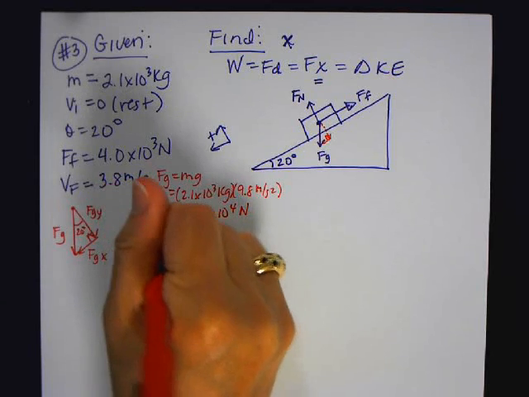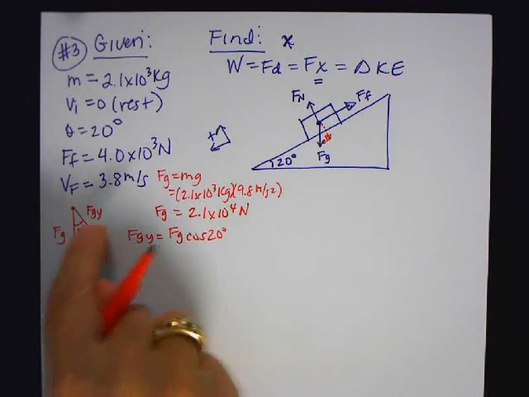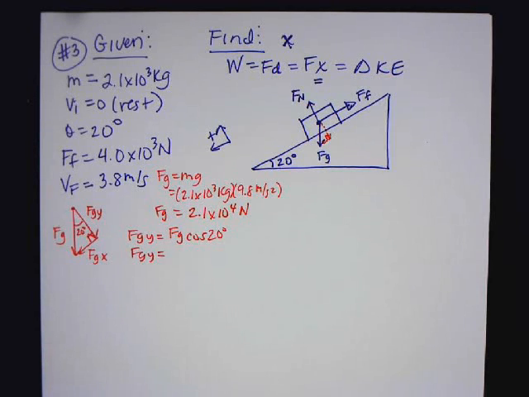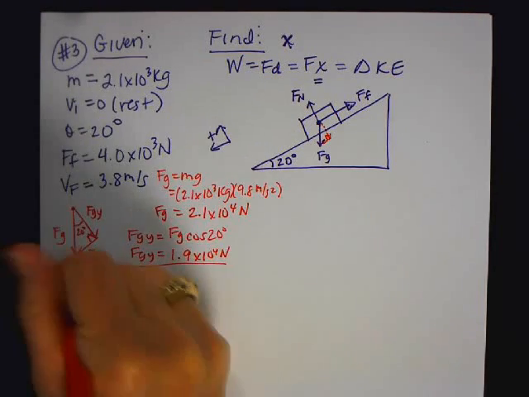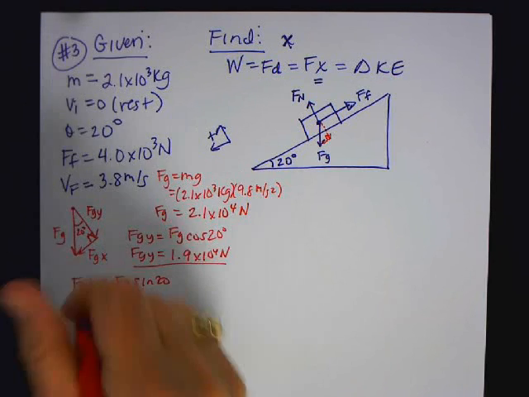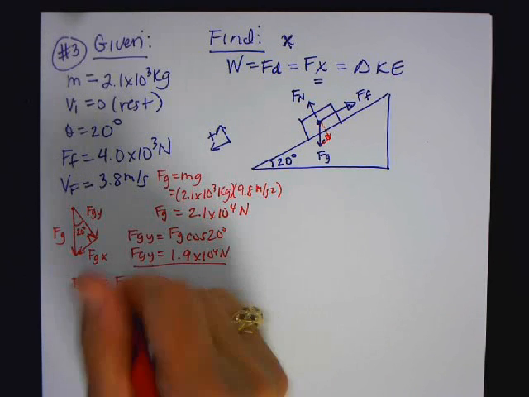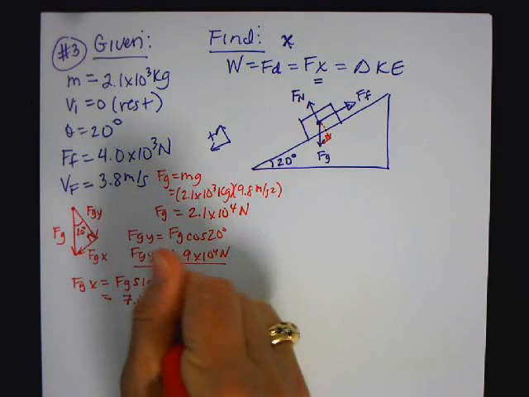So FGY is equal to FG cosine of 20. Why is it cosine of 20? Because it's adjacent to that angle. So FGY ends up being 1.9 times 10 to the 4, and FGX is equal to FG sine of 20, which comes out to be 7 times 10 to the 3.